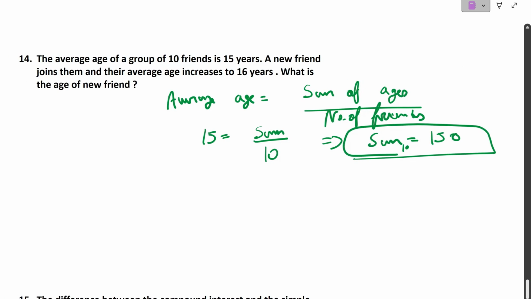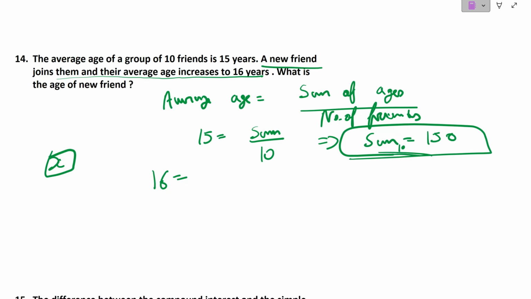Now a new friend joins them and their average age increases to 16 years. What is the age of the new friend? Let the age of the new friend be X. The new average is 16. What is the sum of ages now?